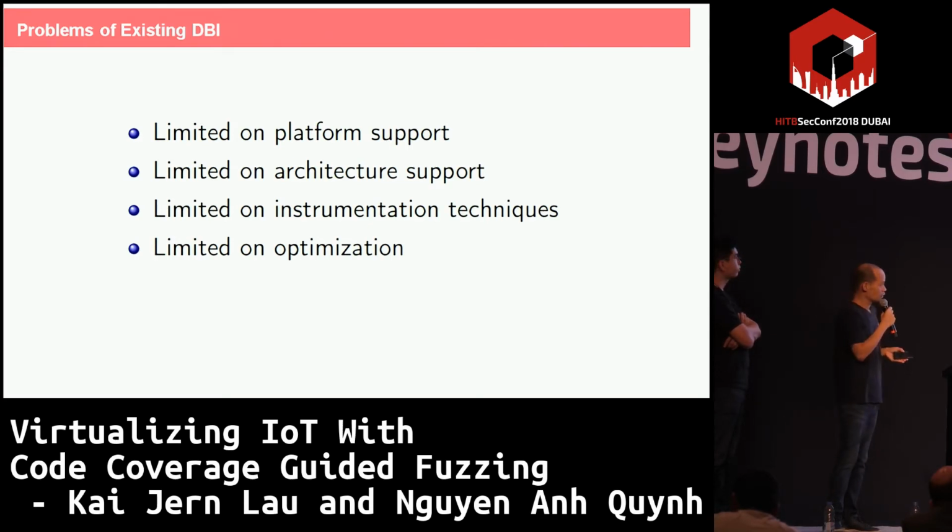And finally, the existing DBI provide you some very friendly API for you to build your own instrumentation tool on top of that. But they hide many details inside. They do not expose many internal things in the internal techniques. So as a result, you cannot do many kinds of optimization to speed up your instrumentation, which is very important for the fuzzer.